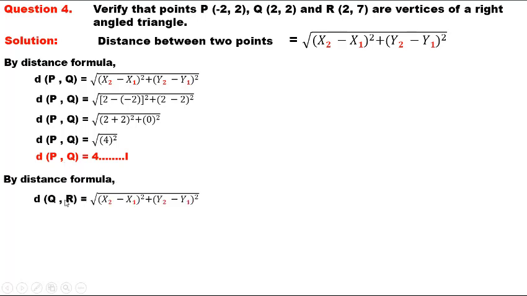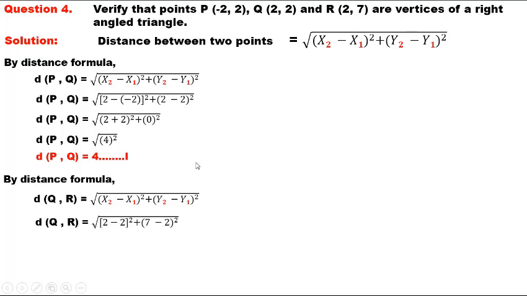By distance formula, distance between Q and R, assuming that the coordinates of Q are (2, 2) and R are (2, 7). Assume that this is x1, this is y1, this is x2 and this is y2.